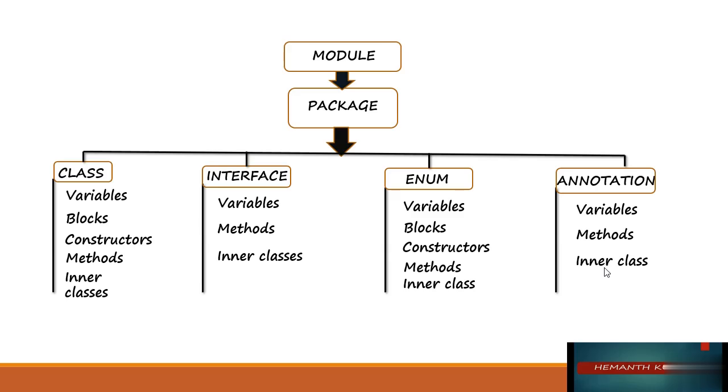All can be there inside a package. And we have interface. An interface consists of variables, methods and inner classes. And we have enum. An enum also consists of variables, blocks, constructors, methods and inner classes. And we have annotation. An annotation also consists of variables, methods and inner classes.